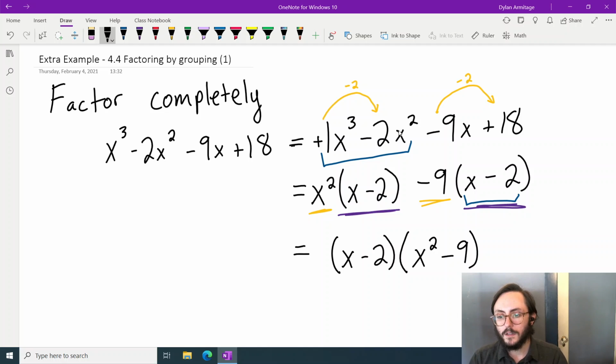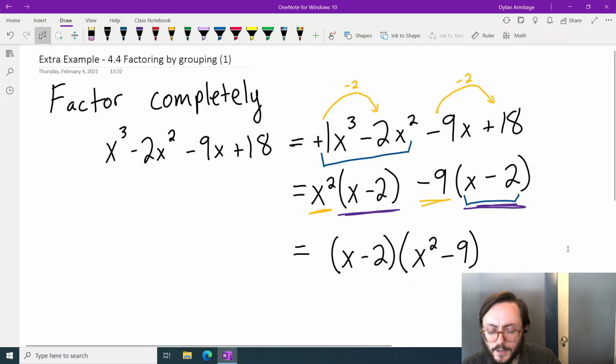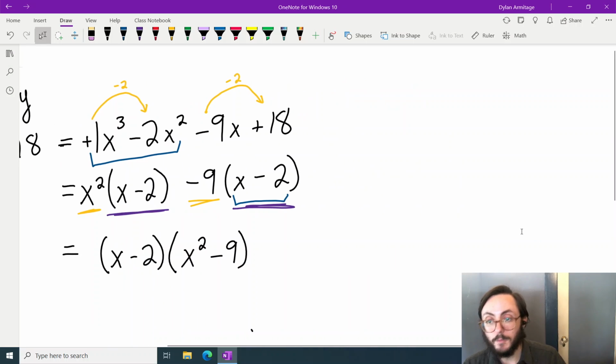Check out the video part 2 for the extra example of factoring by GCF. Link up there right now as well. Just a quick reminder of how we might do that, or maybe another example of how we might.